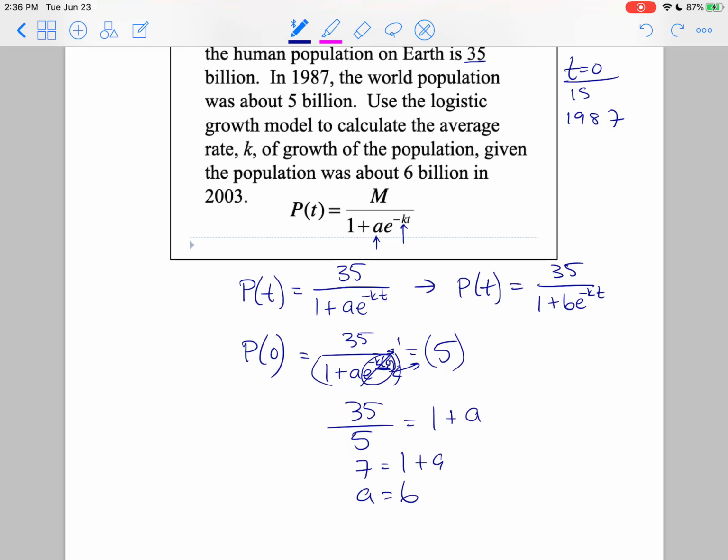Well, luckily, in the problem, it says that the population was about 6 billion in 2003. So compared to 1987, if that's when t equals 0, how many years later is 2003? Yeah, 16, right?